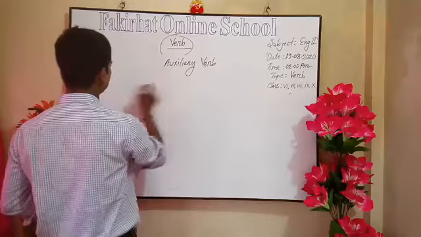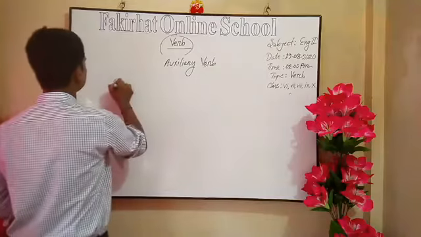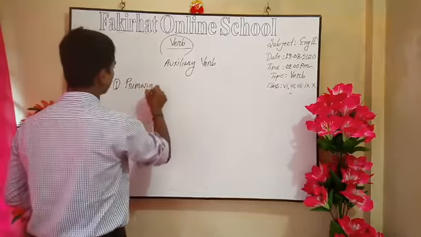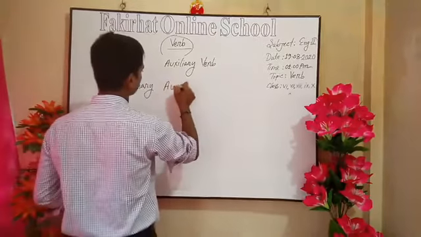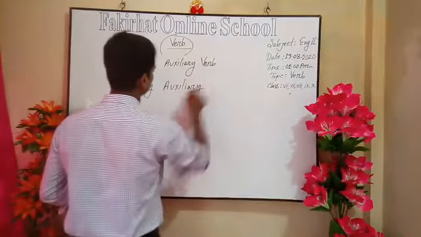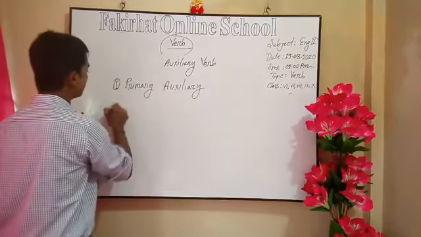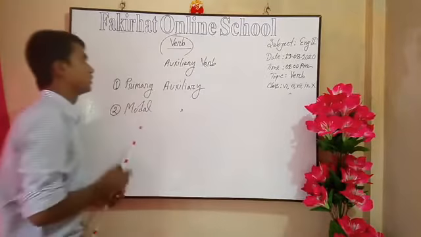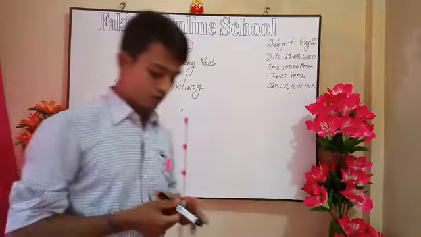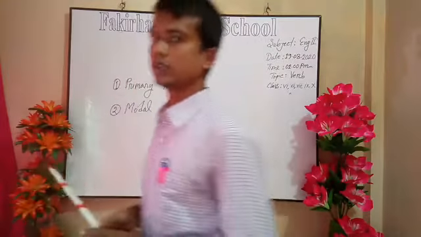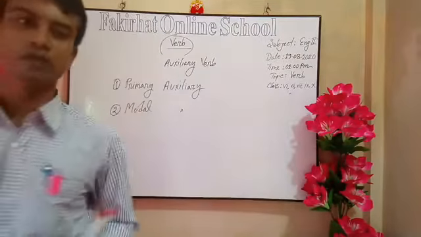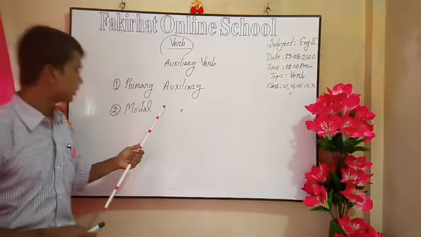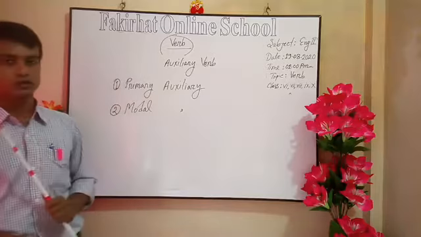They are, first one, primary auxiliary, and second one, modal auxiliary. So dear students, please note it down, the types of auxiliary verbs. Auxiliary verb can be classified into these two types, primary auxiliary and modal auxiliaries.